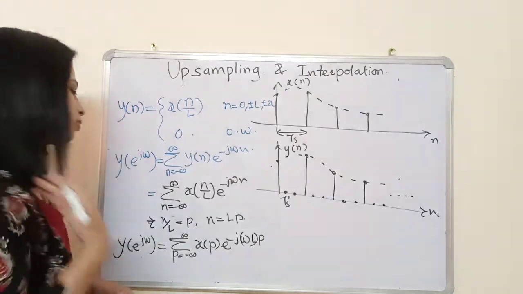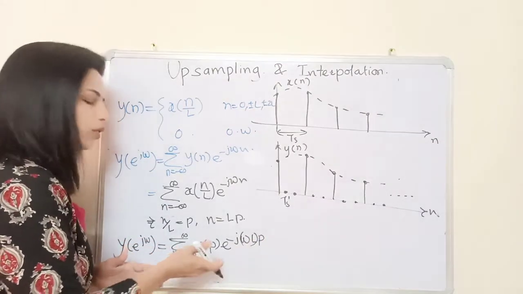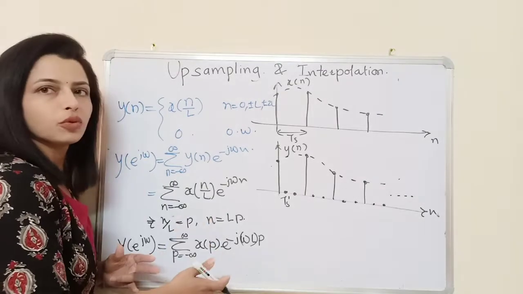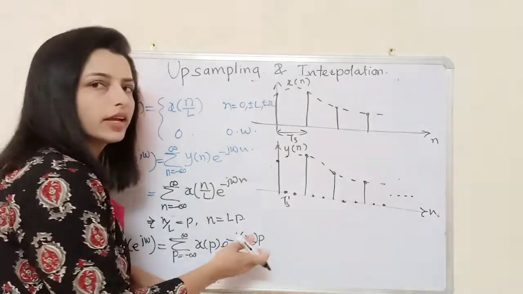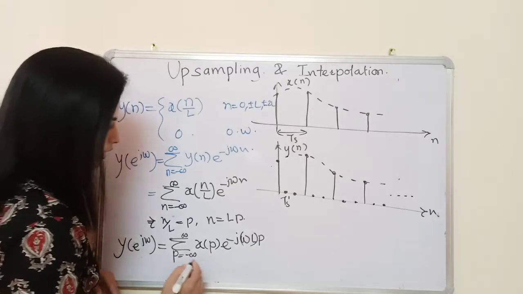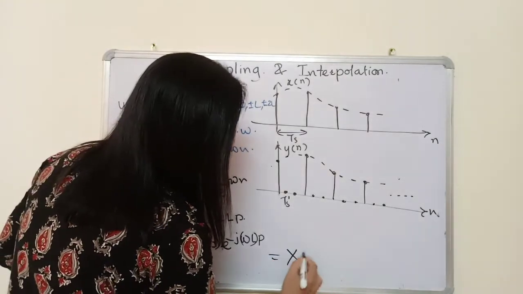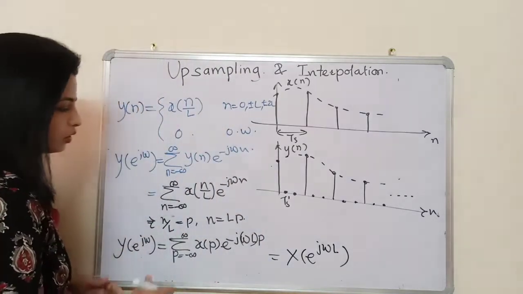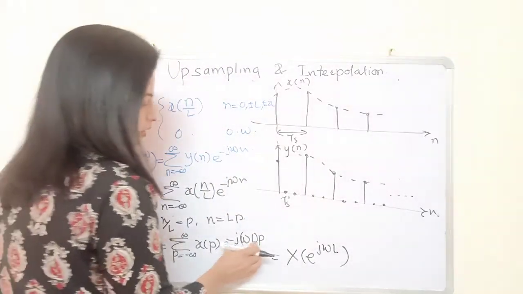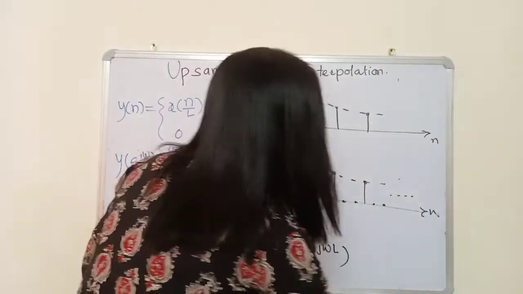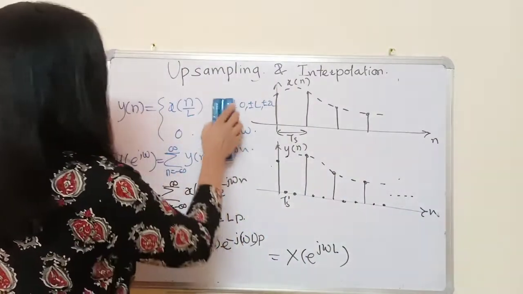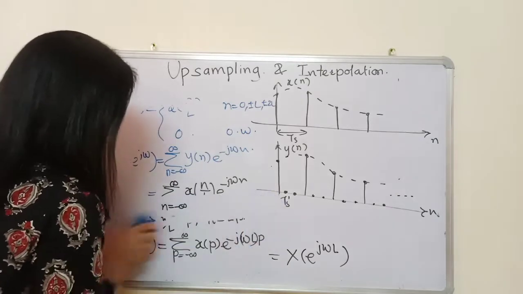So you can observe this is the Fourier transform of x of p. So it will be X of e raised to j omega, but omega is changed to omega L. So we can write it as X of e raised to j omega L. Because here omega L is existing, that's why omega L at this point. So let us try to draw the spectrum and see what happens to the spectrum.